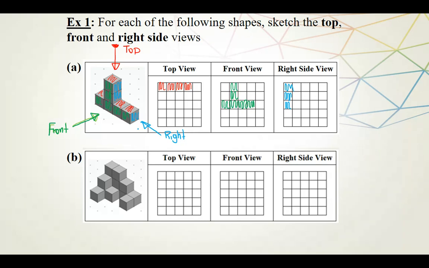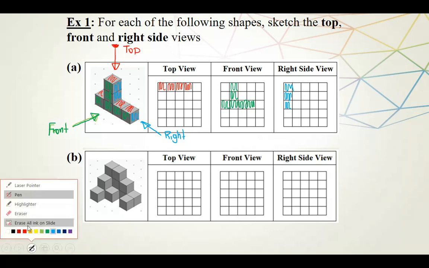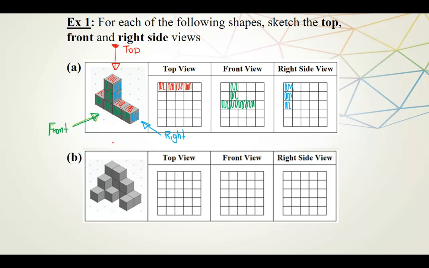Let's look at one that's a little bit more complicated. Okay, so top view, we're going to look straight down at this thing. And let's shade in all the blocks I would see from the top view perspective. So I would see this one. I would see this one. I would see this one, this one, this one, this one, and this one.